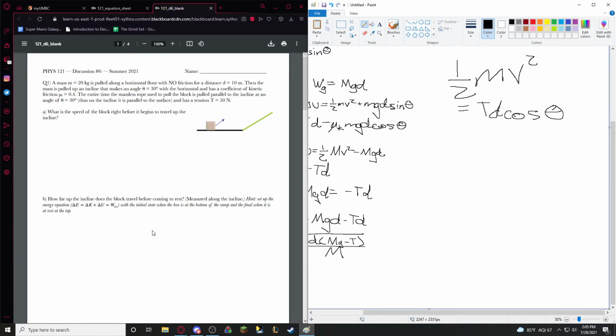We would use that equation, delta K plus delta U_G equals W_NC. We can find the non-conservative forces pretty easily because we already know the tension, and because it's going parallel to the surface, it would just be the full tension instead of T times cosine of an angle.